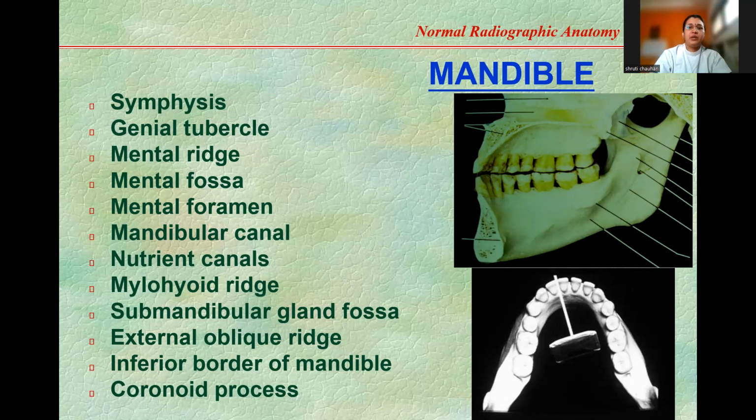Okay. Do you people know all these terms? All this has been taught in your anatomy, right? First year BDS. Okay. We have drawn the mandible in anatomy. Do you remember? Okay, let's just draw it now.